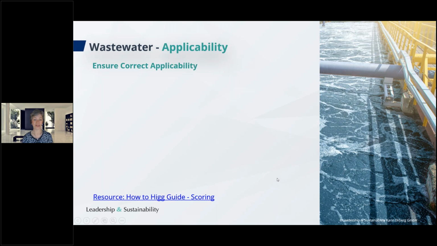And here again, as you know, in many of the sections of the Higg FEM, there are also applicability questions. And in this case for wastewater as well. So you need to ensure that you respond correctly here for your applicability. So the questions are, does your facility generate industrial wastewater? Of course, every facility would generate domestic wastewater, but not all facilities generate also industrial wastewater.